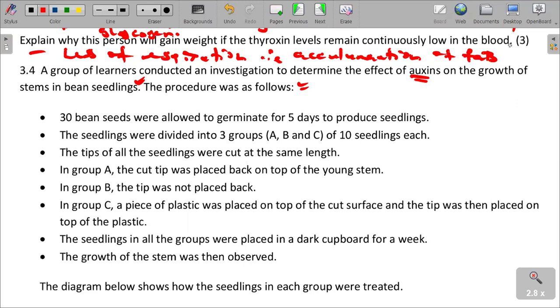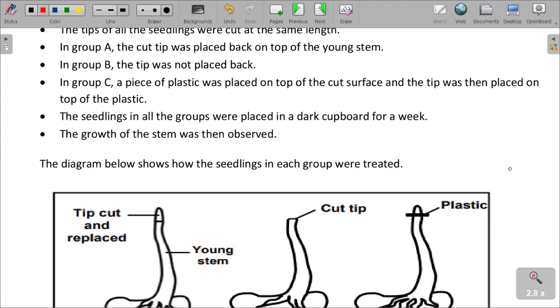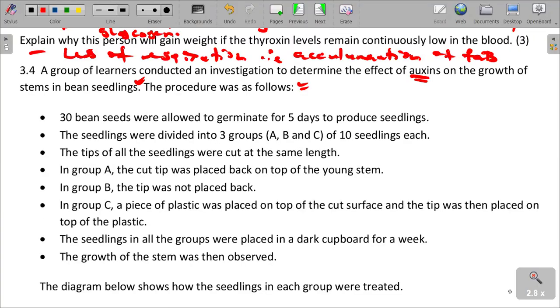So we have those conditions there, and then 30 bean seeds were allowed to germinate for 5 days to produce seedlings, and the seedlings were divided into 3 groups, A, B and C, of 10 seedlings each.